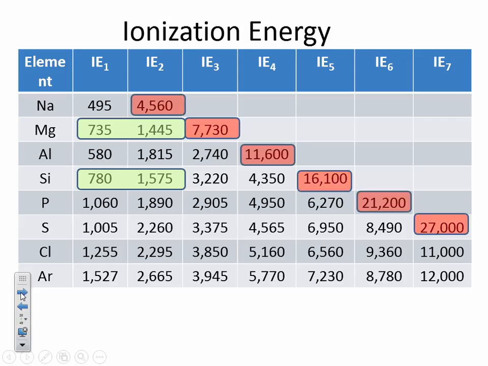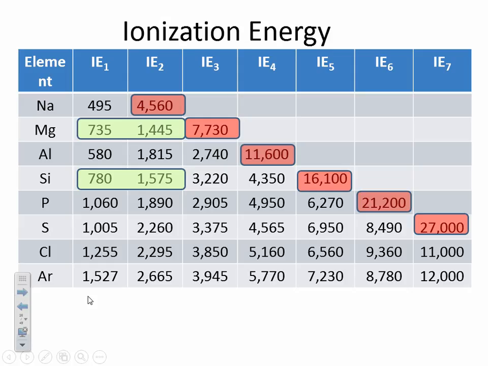If you look at these numbers here, you can see that the transition from the amount of energy needed to remove the second electron of sodium compared to the first electron of sodium is almost 9 times the amount of energy.